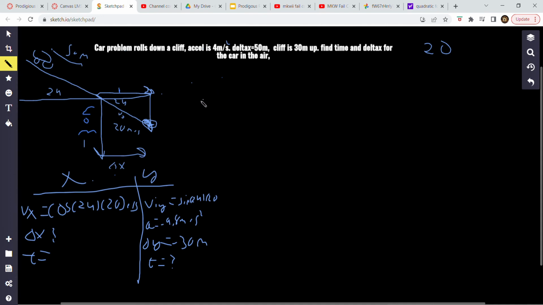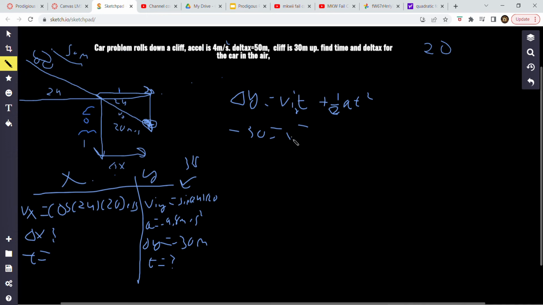And for this equation we're going to be using, we have 3 out of 5. So delta y is equal to VIt plus 1 over 2 a t squared. So negative 30 is equal to VIY, in this case since we're using it from the y category, so it's going to be sine of 24 times 20.